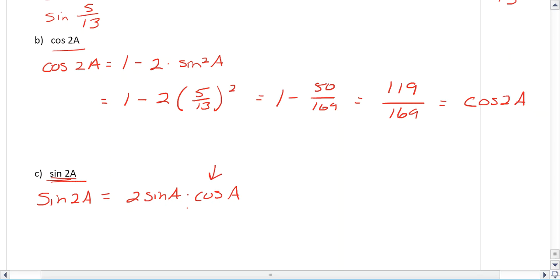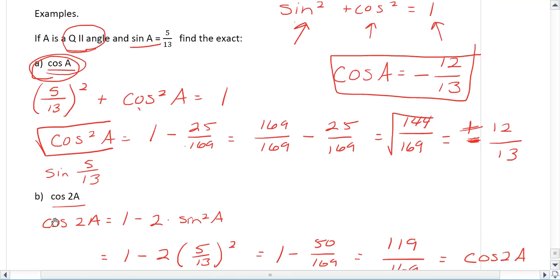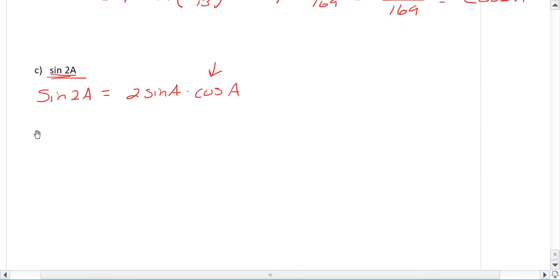Well, if we look back at our previous work, right up here in part A, we did find the cosine of A. The cosine of A is negative 12/13. So we're going to need to use that in our work down here. So we're going to put the negative 12/13 in for the cosine of A. And we already know that the sine of A is 5/13.